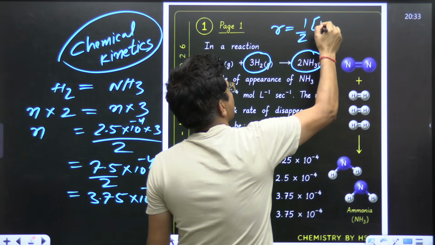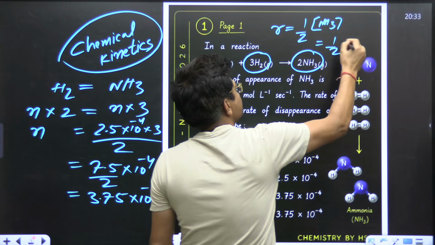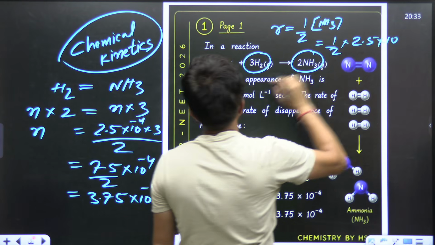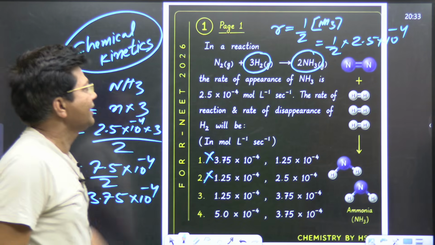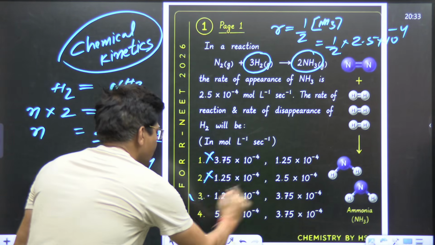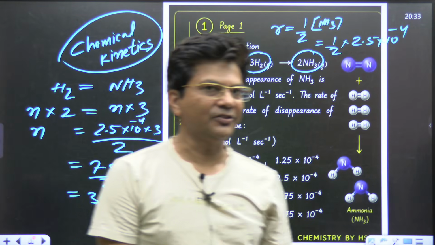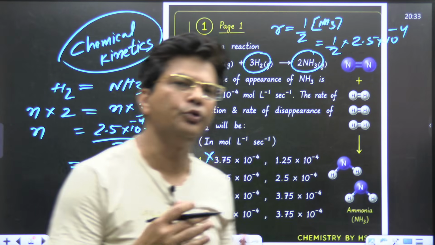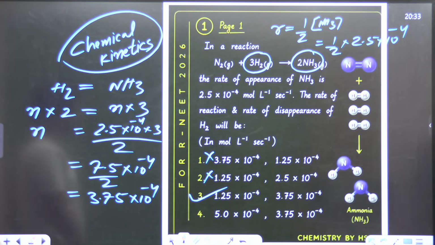So I will write 1 by 2 into 2.5 into 10 raised to power minus 4. So you will definitely get half of 2.5 is 1.25. So this will be your correct answer. I hope this is clear. You can orally solve this question once you do the practice. I have taken this much time because I wanted to tell you in detail.